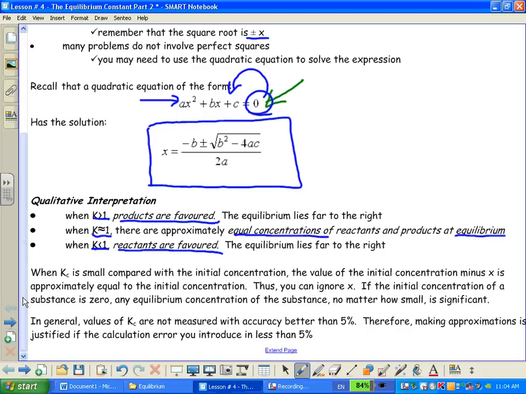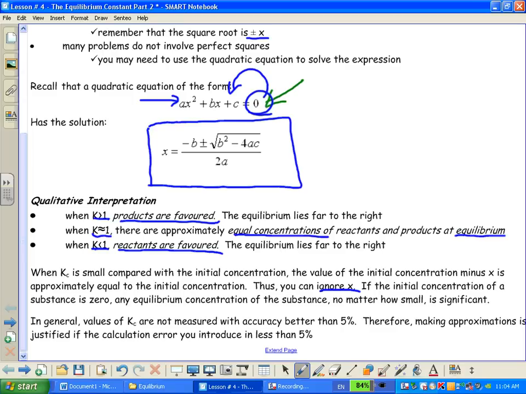And this part at the bottom says when Kc is small compared with the initial concentration, the value of the initial concentration minus x is approximately equal to the initial concentration. Thus, you can ignore x. This is what I was just talking about. If the initial concentration of a substance is 0, any equilibrium concentration of the substance, no matter how small, is significant.